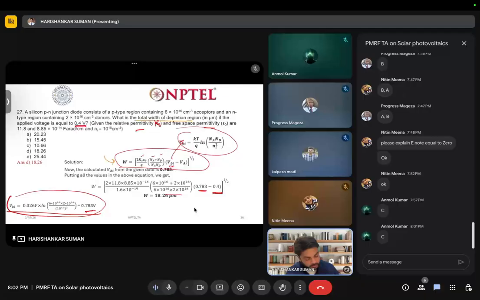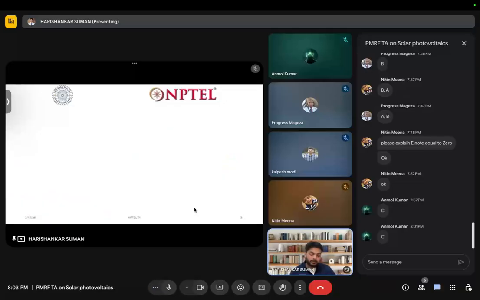As I put the numbers and use the calculator, you will get the depletion width. So please remember this formula if asked. This is the last question for today.